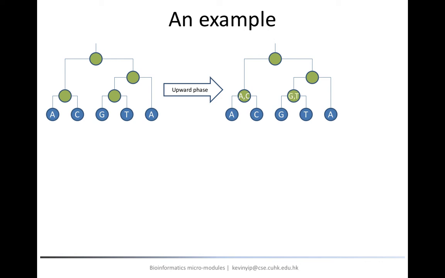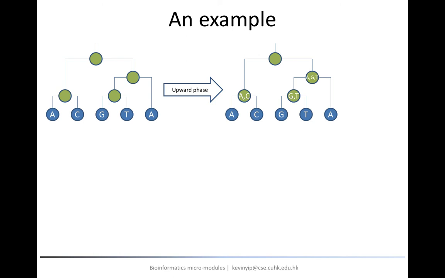In the same way, the parent of the two nodes that prefer G and T also keep both nucleotides in its preference set. The parent of it now has the left child preferring G and T and the right child preferring A, and has to keep all 3 nucleotides in its own preference set, since the two children do not have any common preferences.